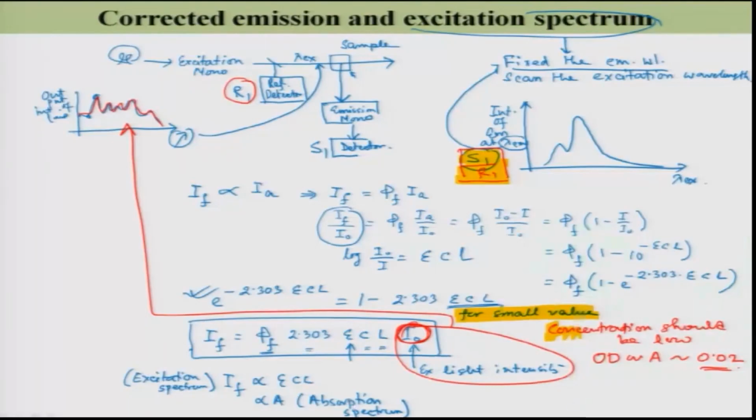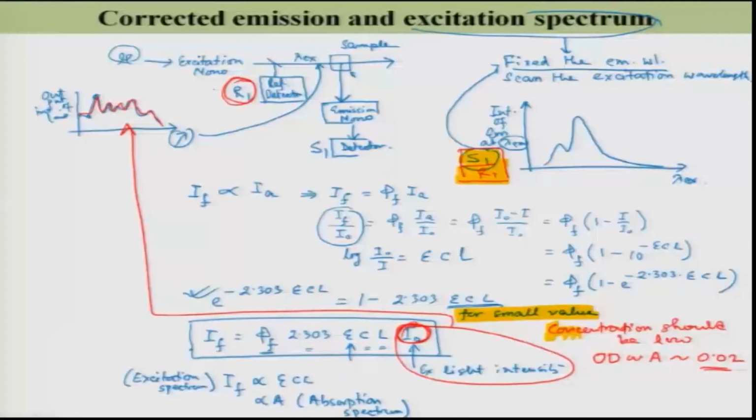So, today what I have shown you is the corrected emission spectra, how to get them, and then the excitation spectrum. I introduced this reference detector, which is very important in this case, and then I showed you under which condition this excitation spectrum is the same as the absorption spectrum.